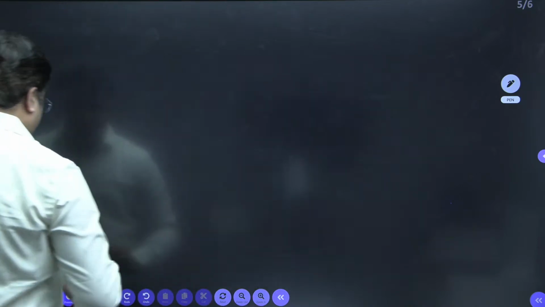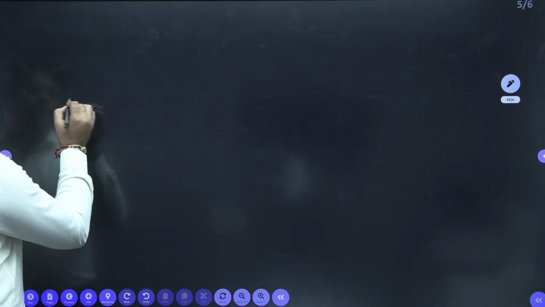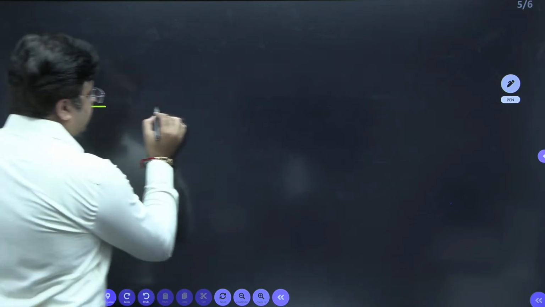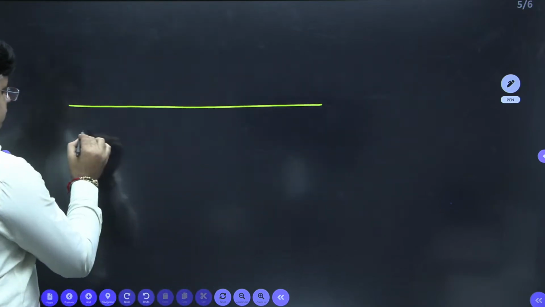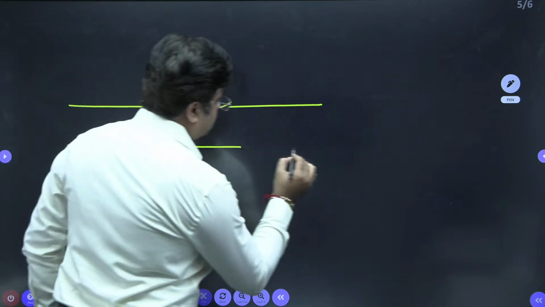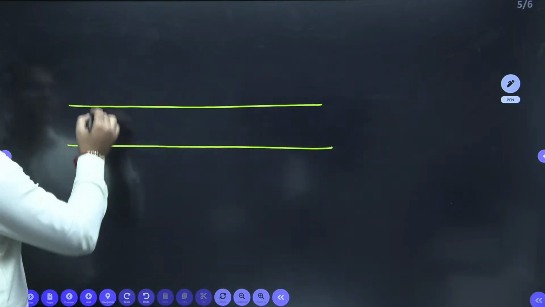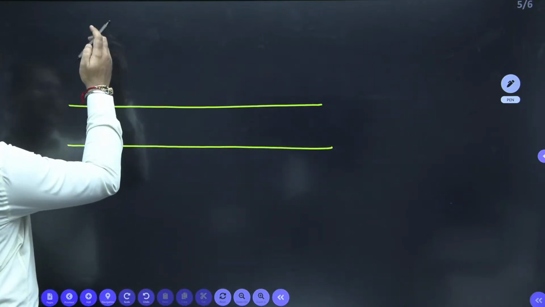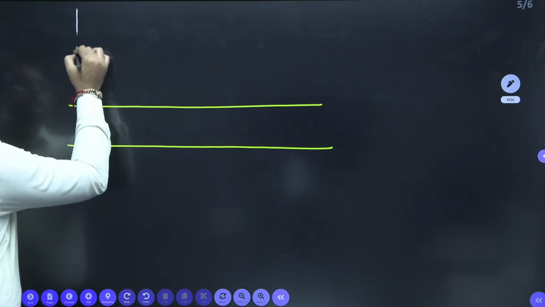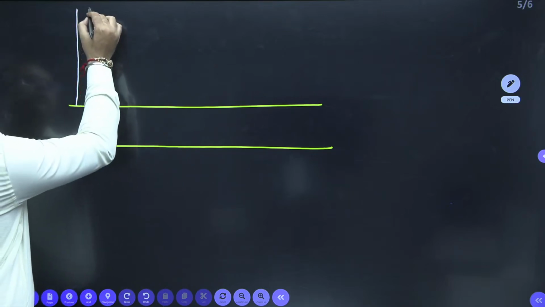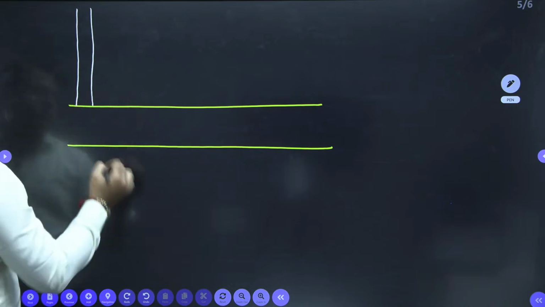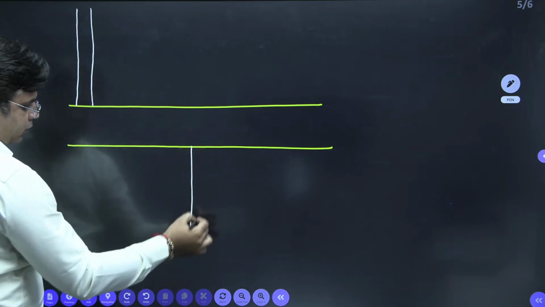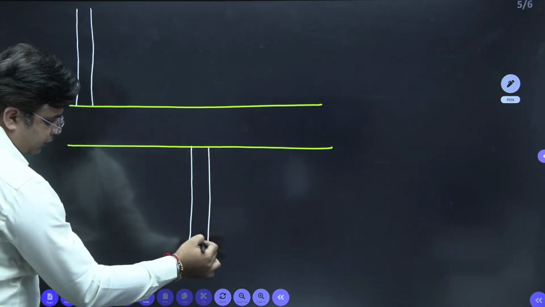Again, I'll give you one more example. For example, this is your branch sewer. And in this branch sewer, laterals are meeting like this. This is one lateral meeting. This is another lateral meeting.